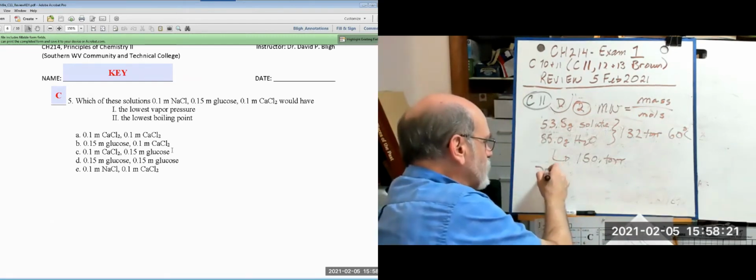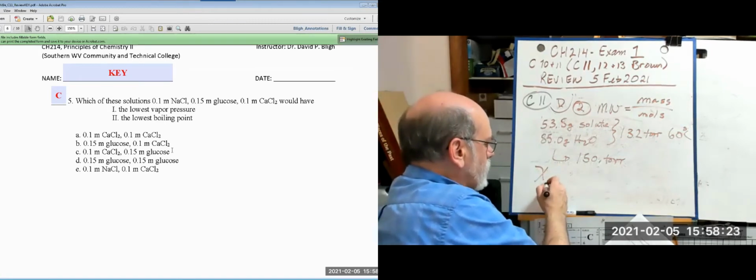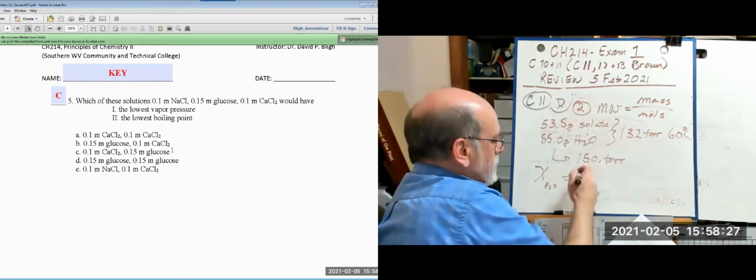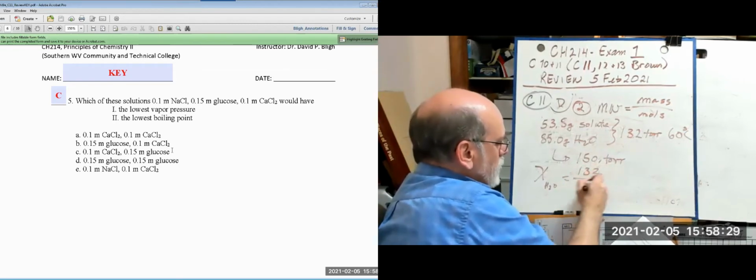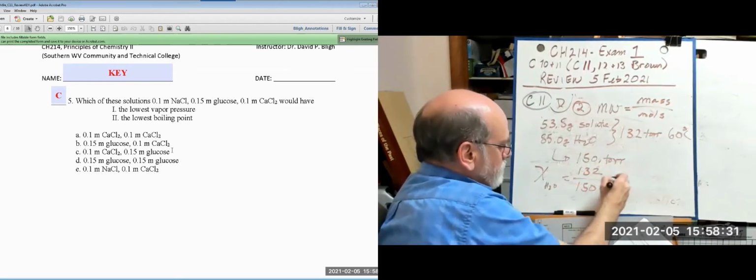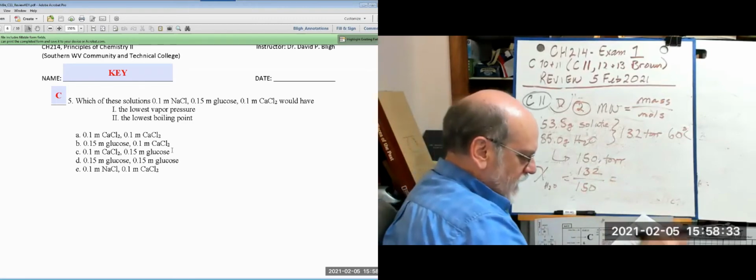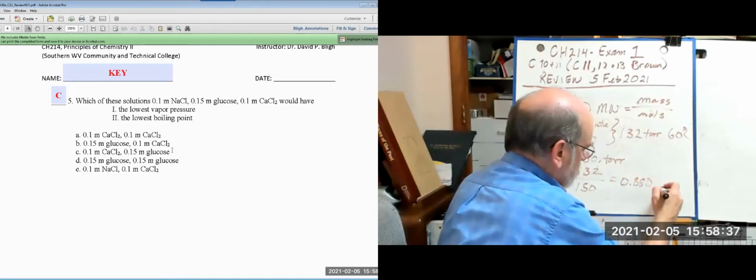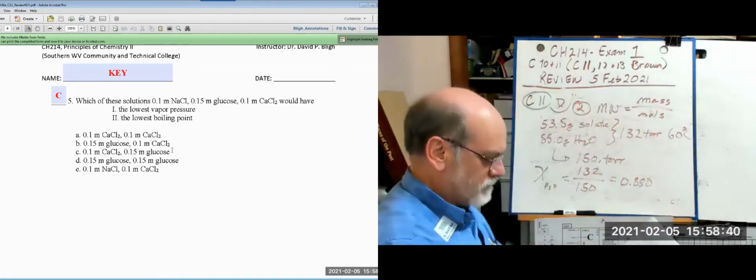So the mole fraction of water is 132 over 150, and that's equal to 0.880.